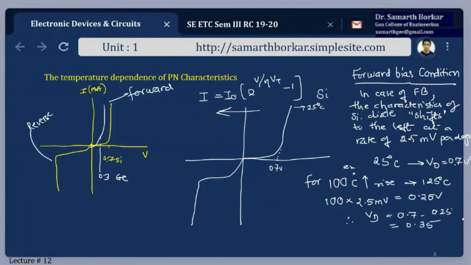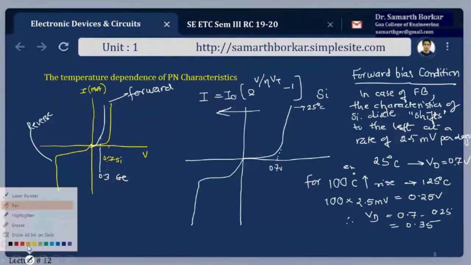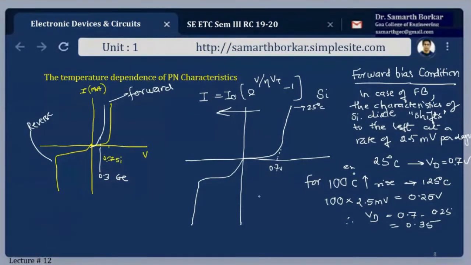Okay, so if I plot at a 100 degrees Celsius rise, existing temperature was 25 degrees Celsius, so it becomes 125 degrees Celsius. Rate is 2.5 millivolts per degree. So 100 is the rise into 2.5, that is 0.25.